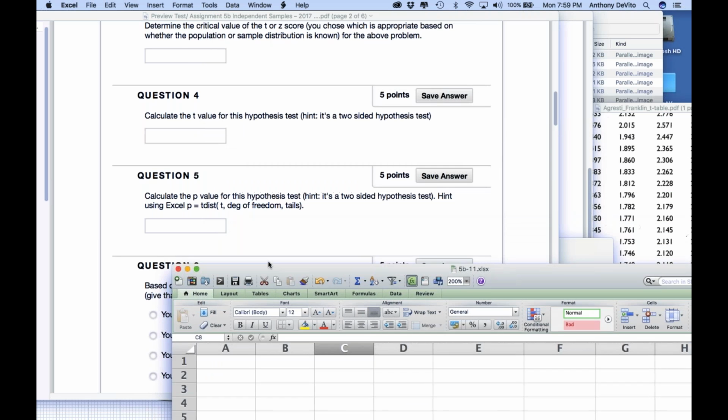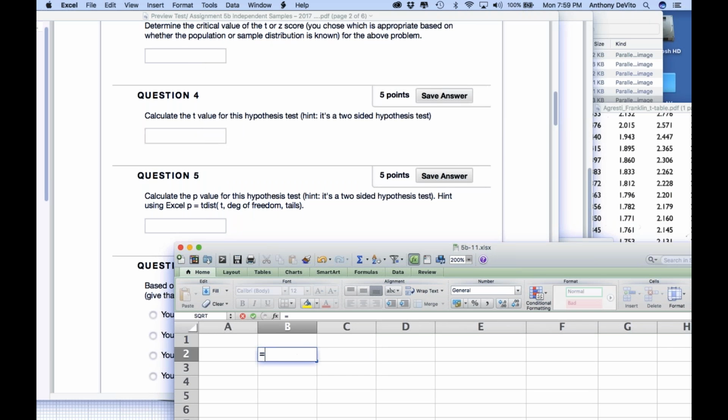If I use Excel to calculate the p-value, it's going to be equals T.DIST, parentheses, and I put in the value for t, which is 2.4, the one that I calculated, comma, the number of degrees of freedom, which was 99. The sample size was 100.